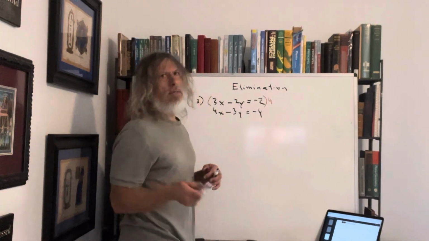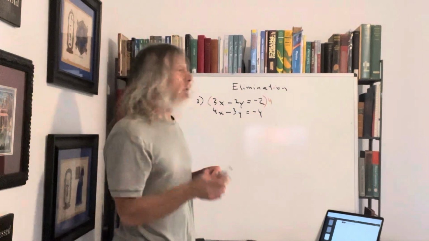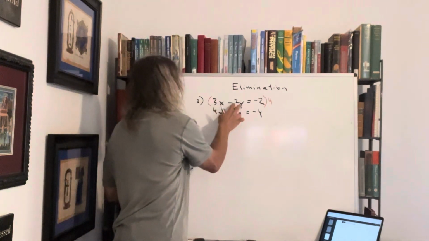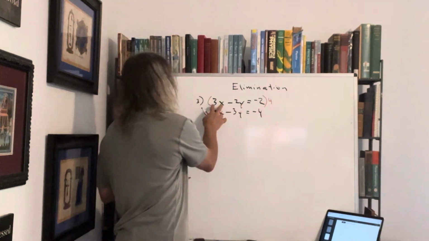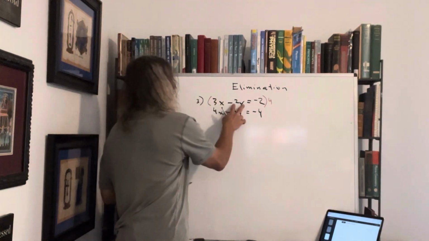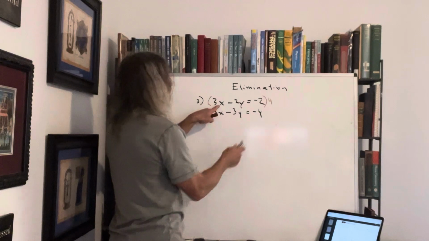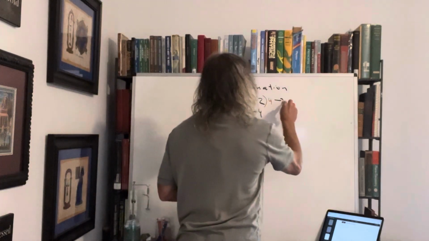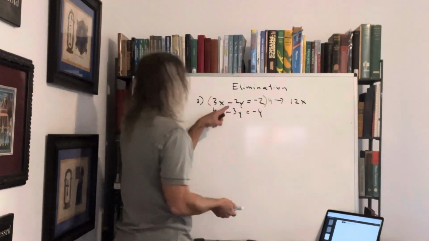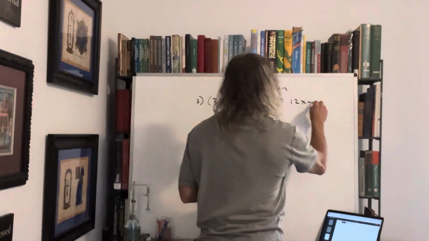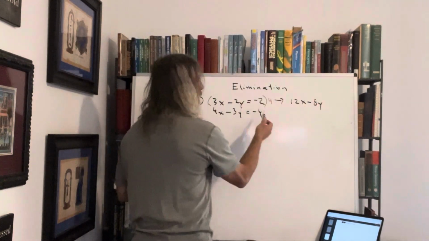It's kind of like distributing to each term in the equation. 1, 2, 3 things. We multiply by this, multiply by this, and multiply by this. So we get 12x minus 8y equals negative 8.